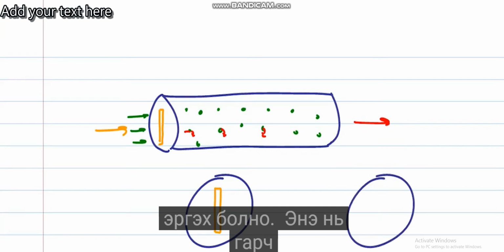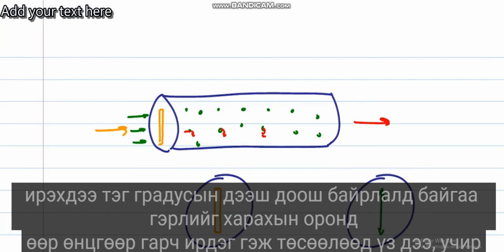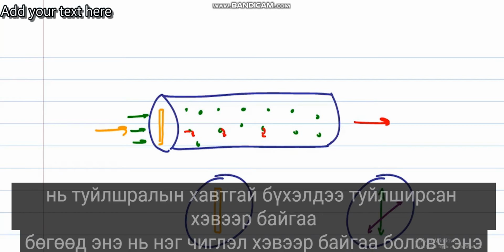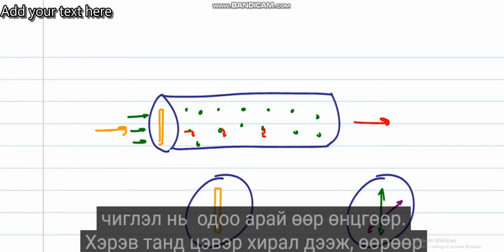So imagine that when it comes out, instead of seeing the light in the up and down position at 0 degrees, it now comes out at some other angle, because the entire plane of polarization is still plane polarized, it's still one direction, but that direction is now at a slightly different angle.